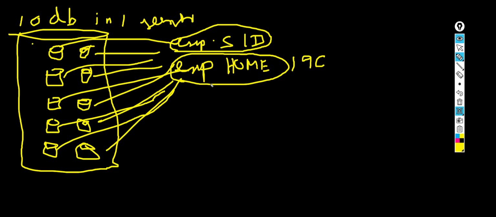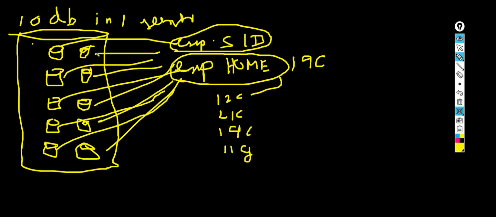But if two of these databases are on 12C, another two on 21C, another two on 19C and another two on 11G, so if these kinds of varied databases are there, then we need to change Oracle Home also. So this is the high level view of iterating each and every database in the same server.